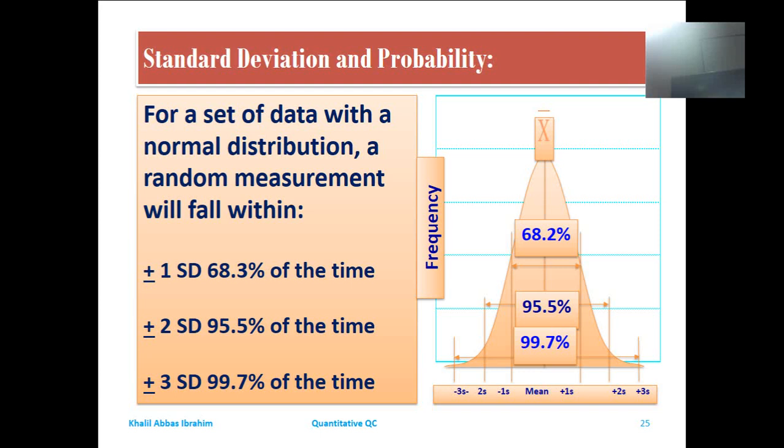A standard deviation and probability for a set of data with a normal distribution: any random measurement within the values that you have obtained by examining repeatedly the control material will fall within plus or minus 1 standard deviation at a ratio of 68.3%.